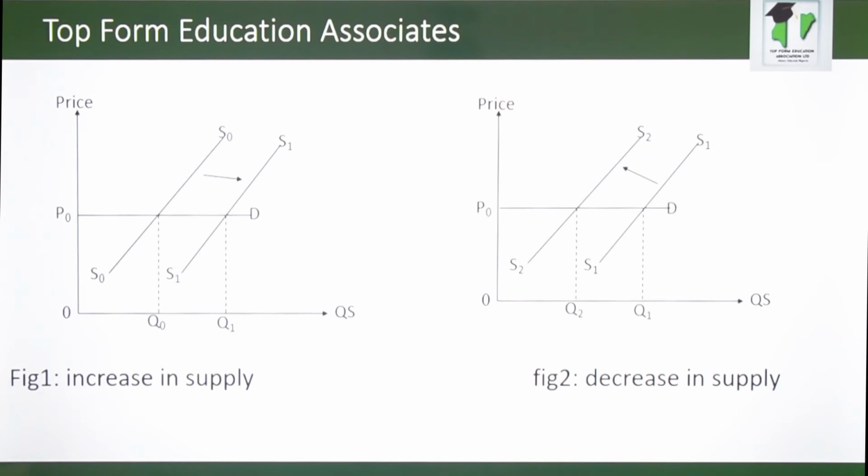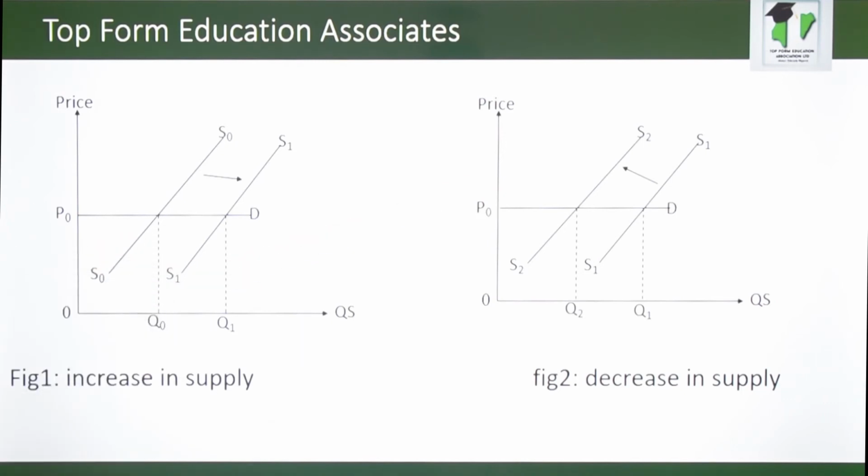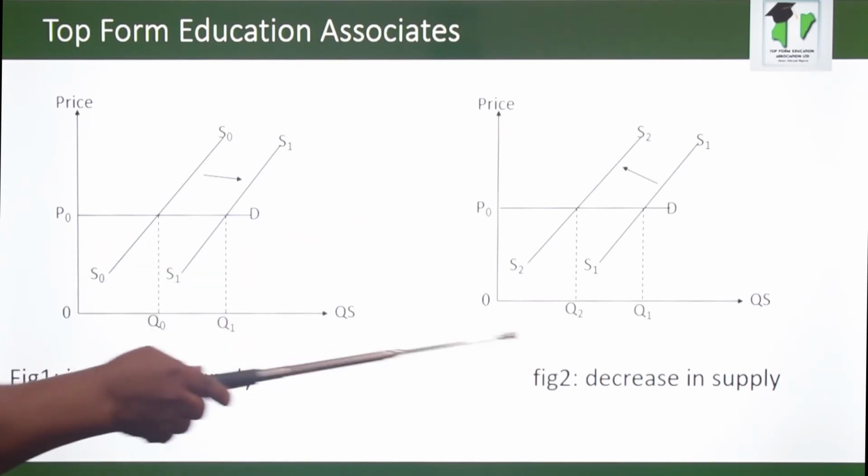Price is constant. Now, when there's a decrease in supply, the supply curve shifts inward. That means there's a contraction in supply. Originally, we have price being P0 and quantity supplied being Q1.